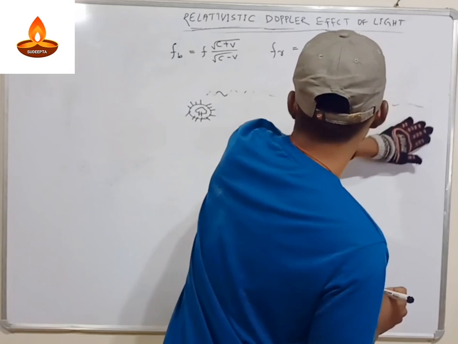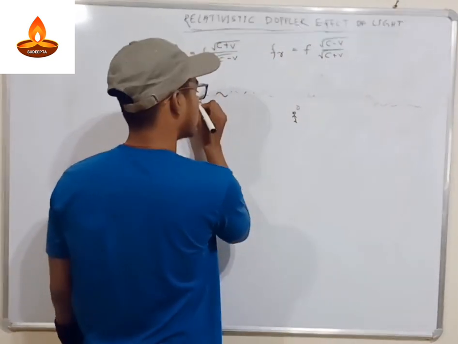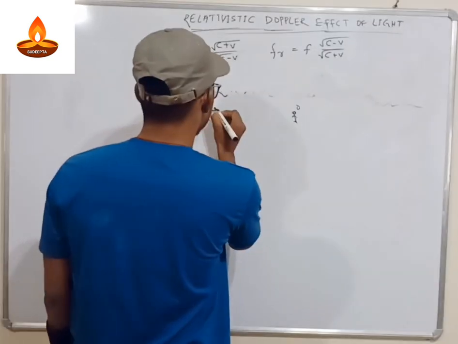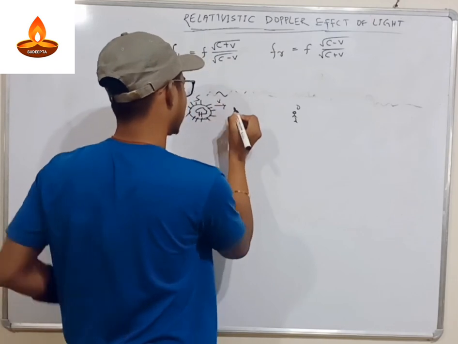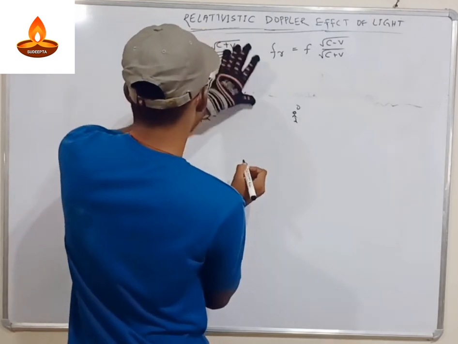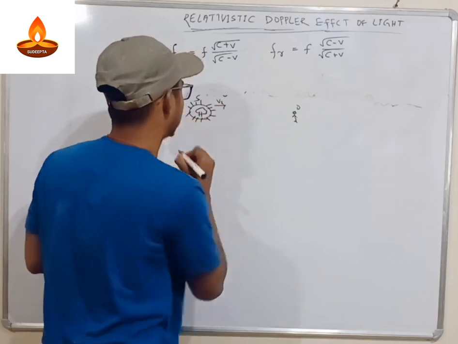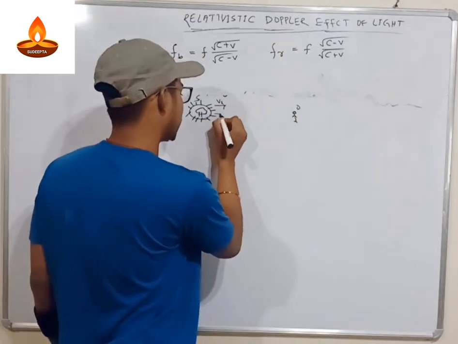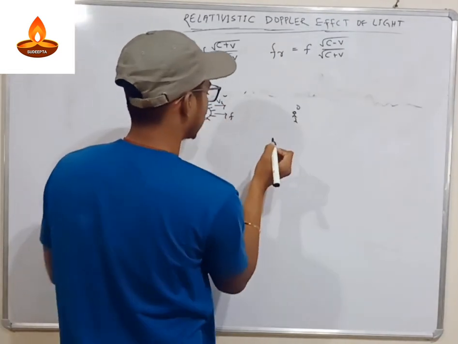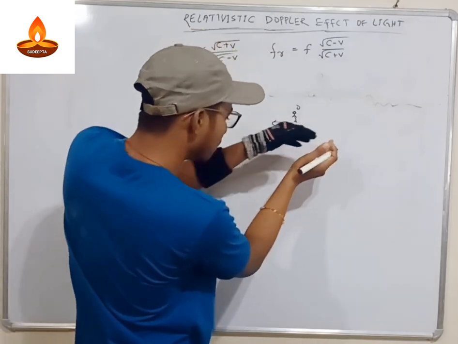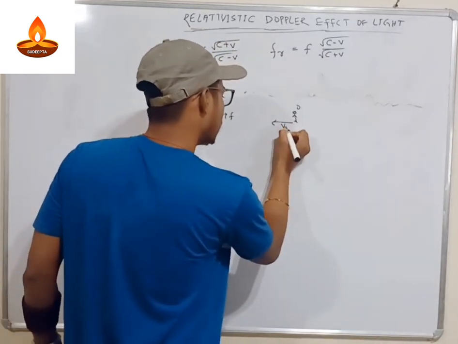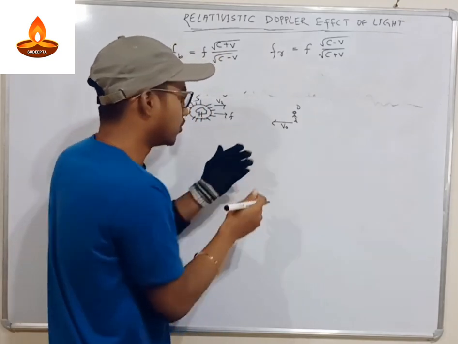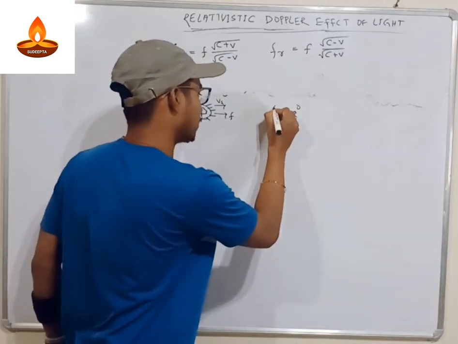The observer looks. This is the source. It has some velocity in the x direction, let's say vs, and it has a frequency f. The observer is moving towards it with velocity, let's say vo, and the frequency appears to the observer as f dash.